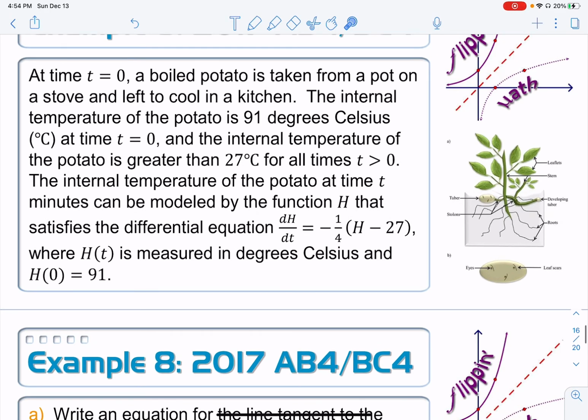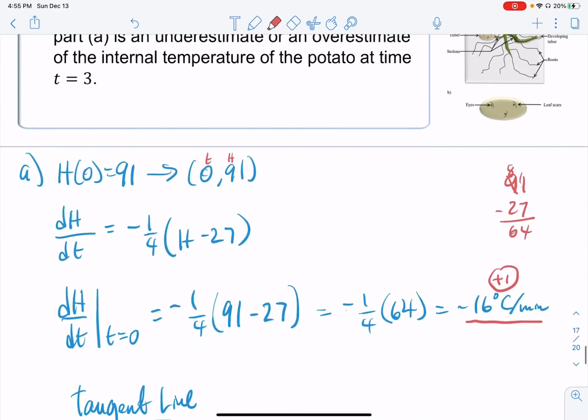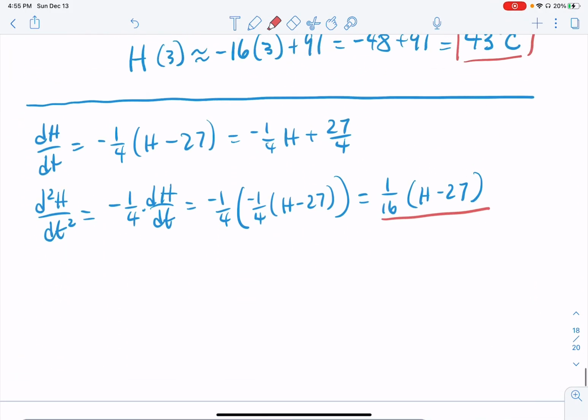Here, I'm going to highlight it for you. The internal temperature of the potato is greater than 27 degrees for all time t greater than or equal to 0. So h is always greater than 27.